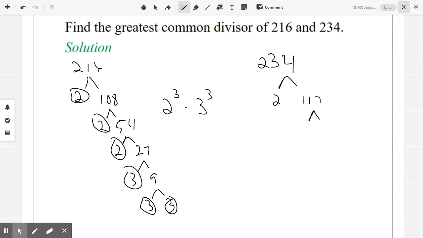When I add those digits up, 1 plus 1 plus 7 is 9, and 9 is divisible by 3, so 3 will go into that. That will go 39 times, I do believe. 39 is another one divisible by 3. That'll go 13 times. And there we go, we have 2 times 3 squared times 13. So I've got the prime factorization of each one.